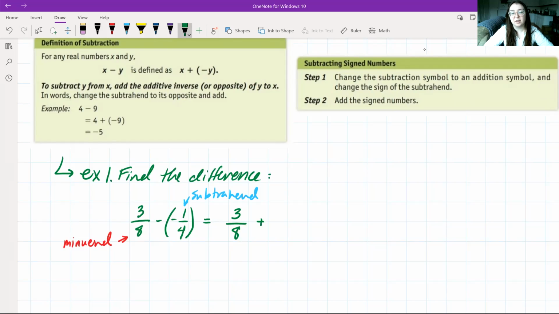So remember, our additive inverse or opposite is the same number with the opposite sign. So negative 1/4 is just going to become positive. We can put a little positive sign, 1/4, and put those in parentheses to signify that this was our additive inverse. So now we just have an addition problem.